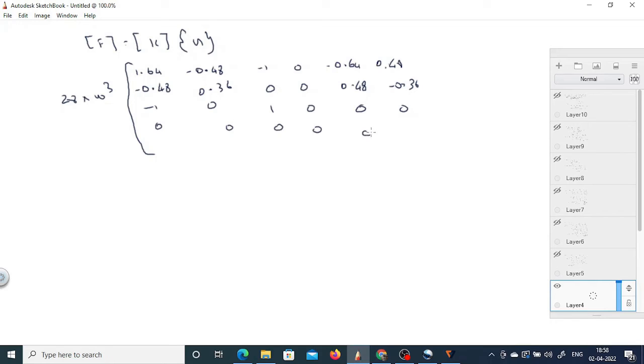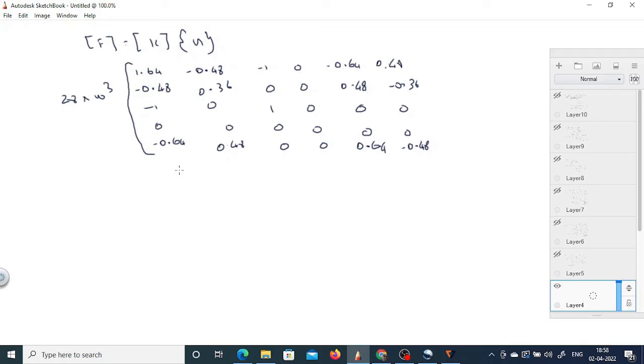The fourth row is 0 0 0 0 0 0, and the fifth row is minus 0.64, 0.48, 0, 0, 0.64 and minus 0.48.